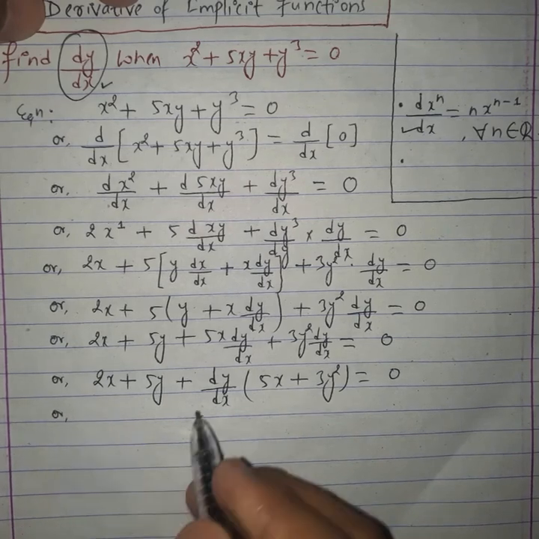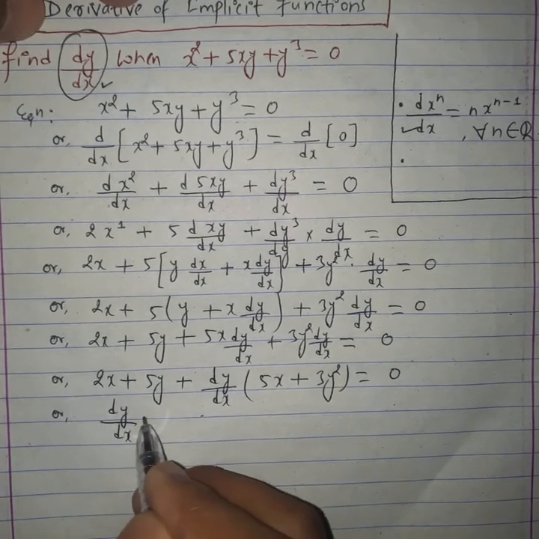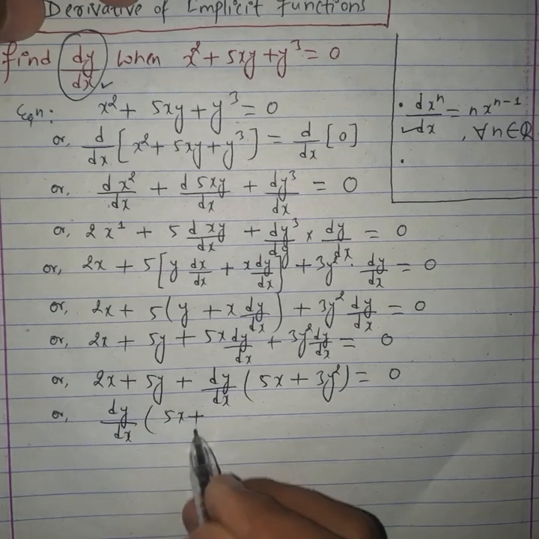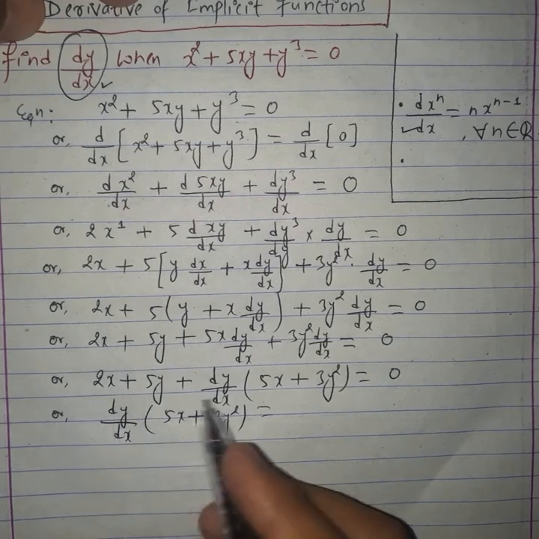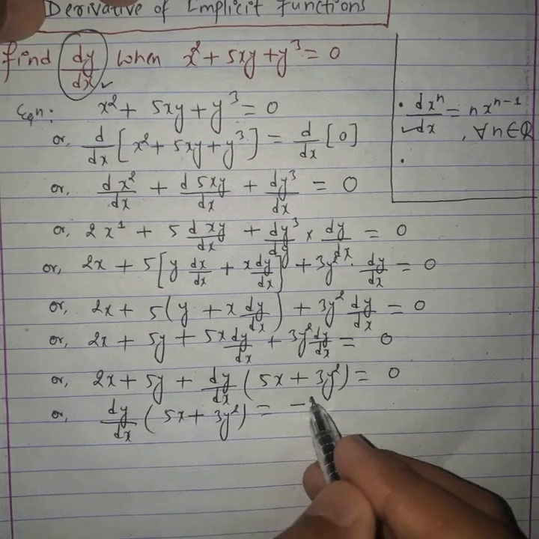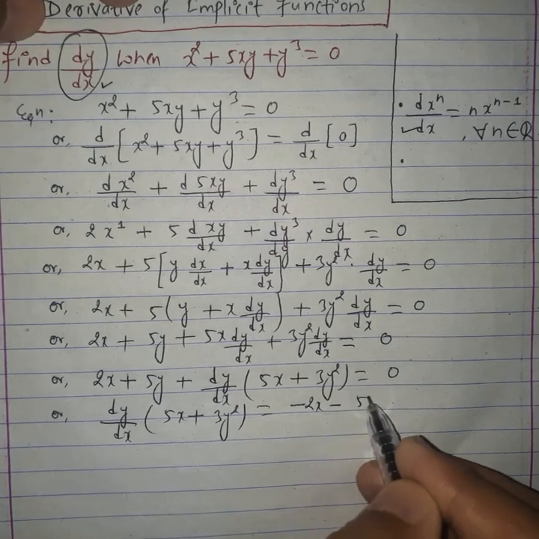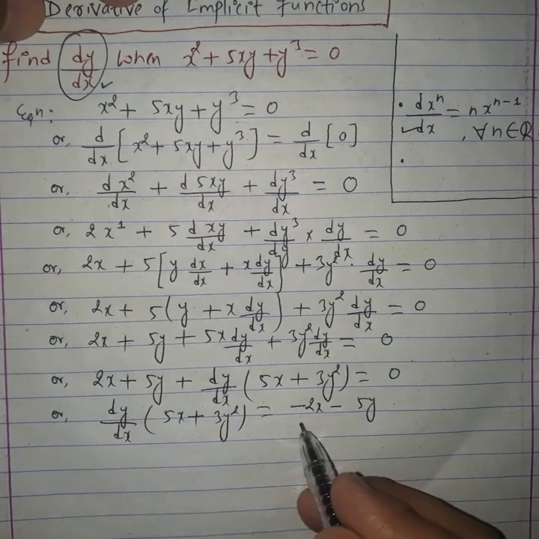Let's rearrange the terms. Our target is to find dy over dx. Here this is 5x plus 3y square, and these two terms, let's transpose on the right hand side. Then negative 2x minus 5y.